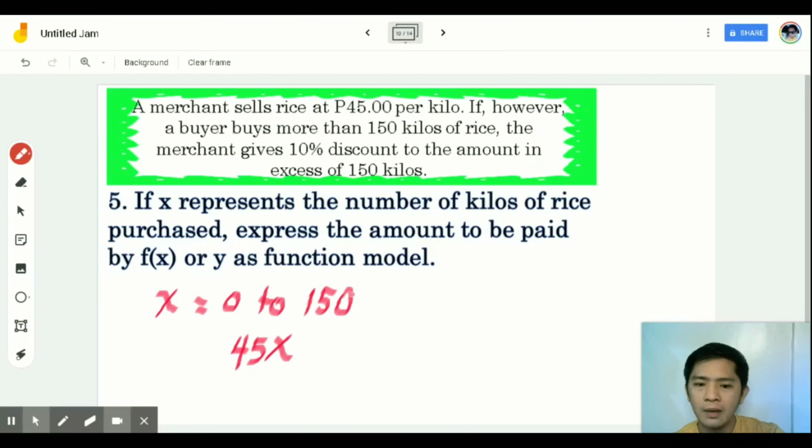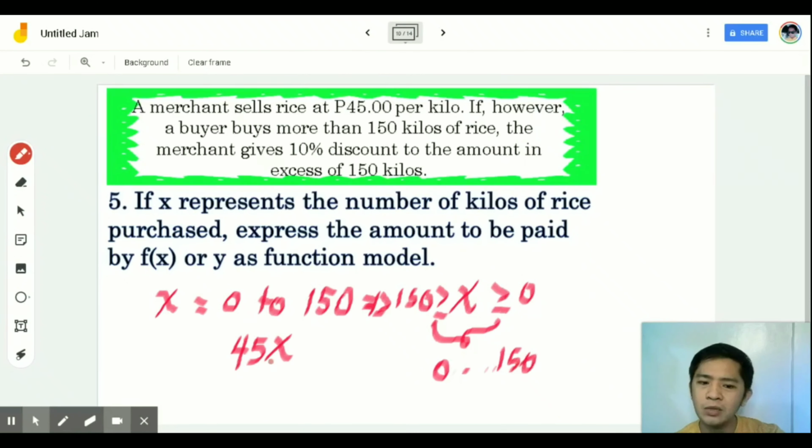So, itong 0 to 150, pwede natin itong gawin as this notation. Yung ganitong inequality. So, ang X natin ay mula sa 0. So, pero mataas sa 0, no? Mataas kasama si 0, pero mababa kasama si 150. So, ano-ano yung mga number na nakapaloob dito? So, 0 hanggang 150.